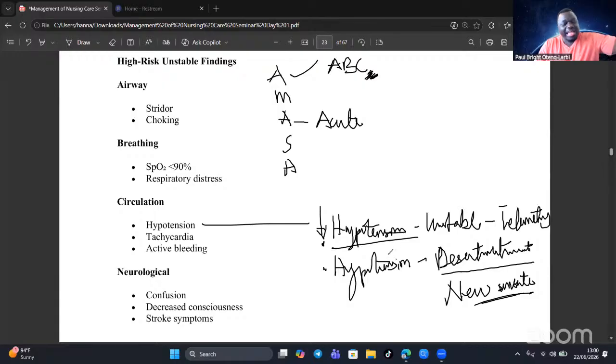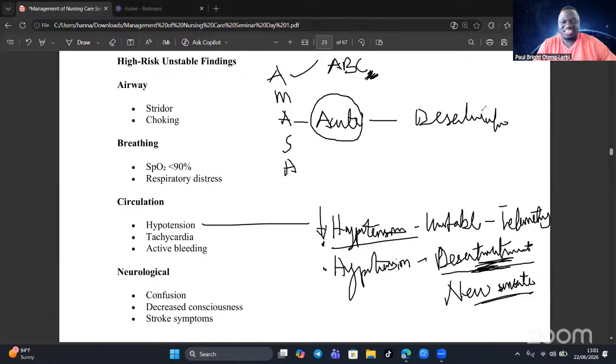These two guys have chronic hypotension, but the second guy has developed a new onset, an acute desaturation. Are you following, Michael? Yes. Okay. And let's look at the stability. Are both of them stable? We will say both of them are unstable because of the hypotension and whatever problems they are having.